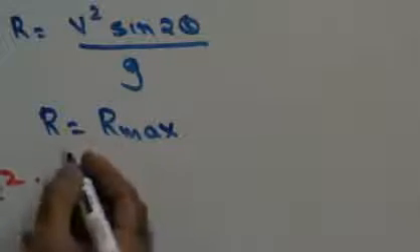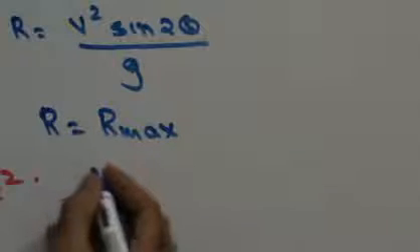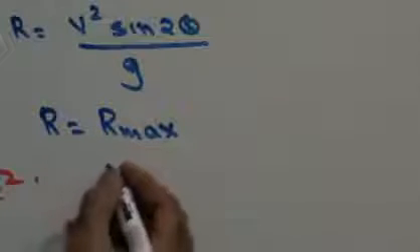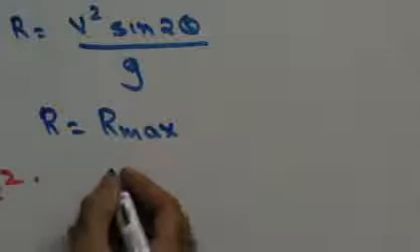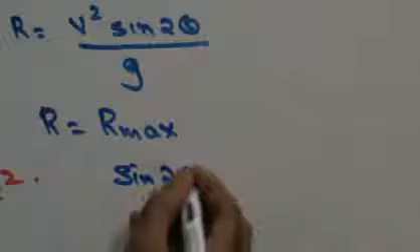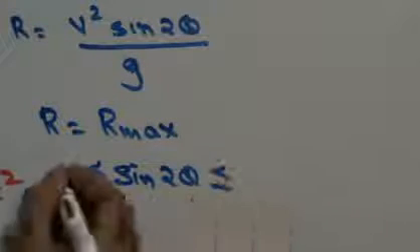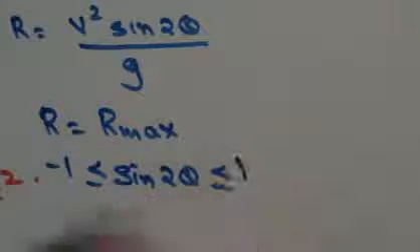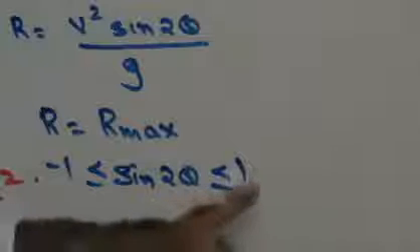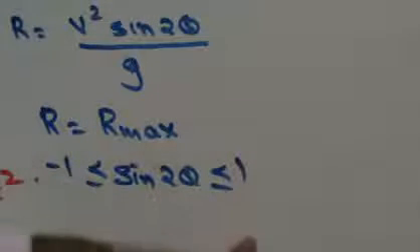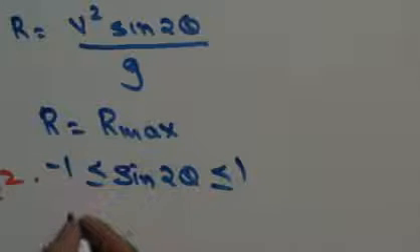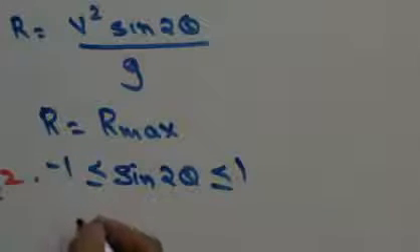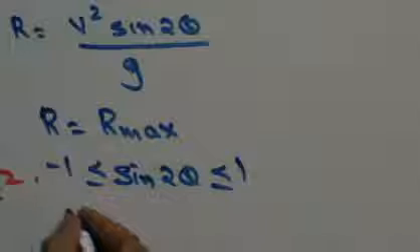So I can say that V and G being constant, maximum distance can be covered with the help of sin 2 theta. Now sin 2 theta can have a maximum and minimum value of 1 and -1, right?